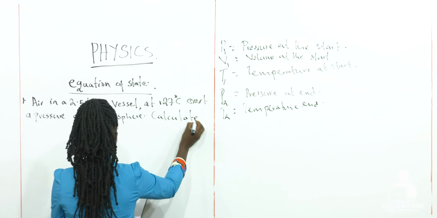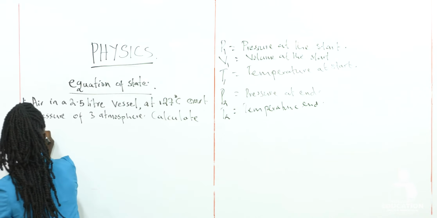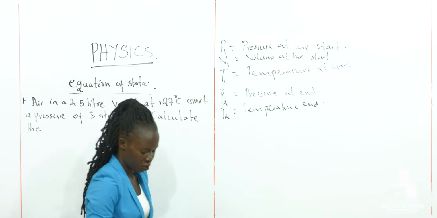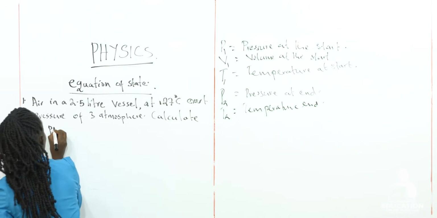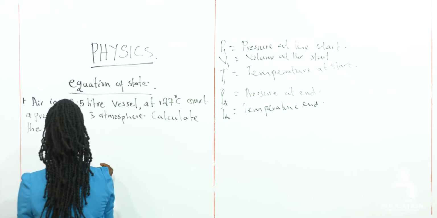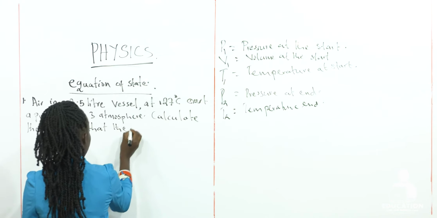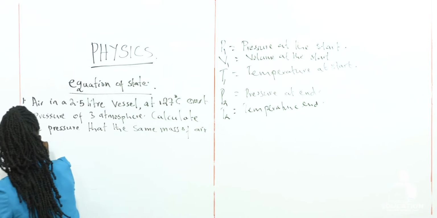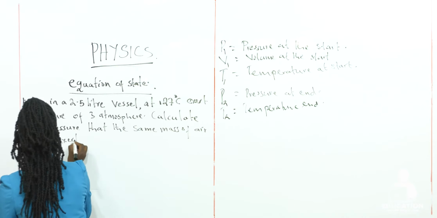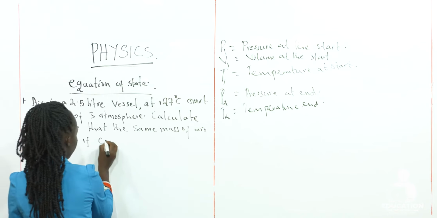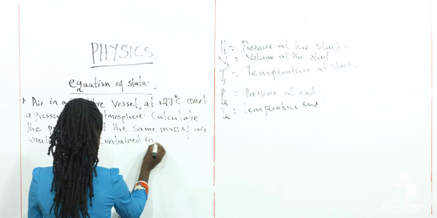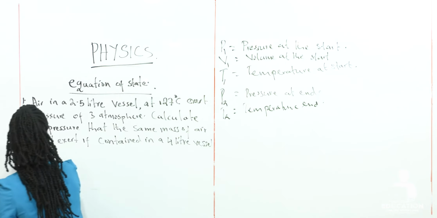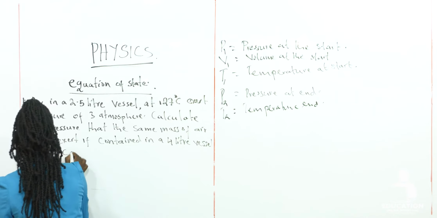Calculate the pressure that the same mass of air would exert if contained in a 4 liter vessel at negative 73 degrees Celsius.